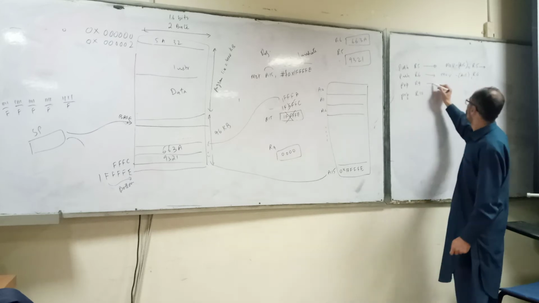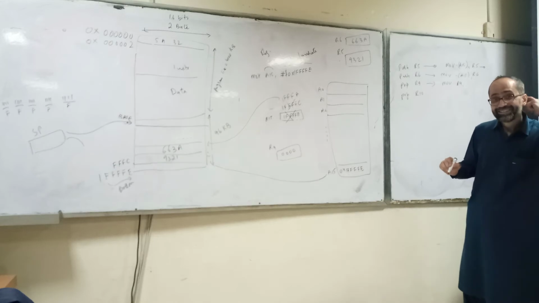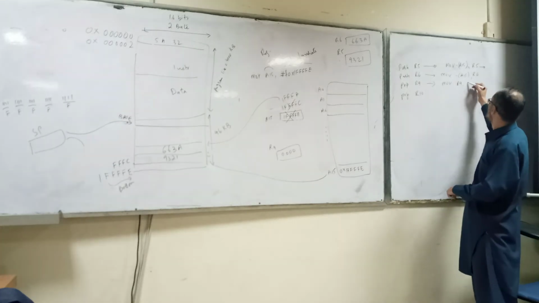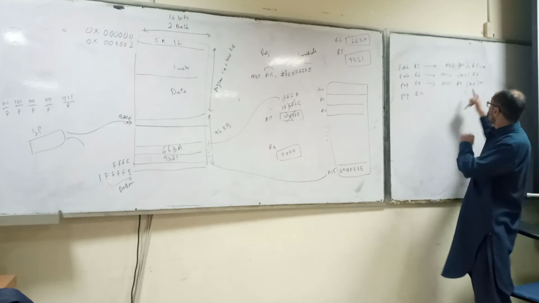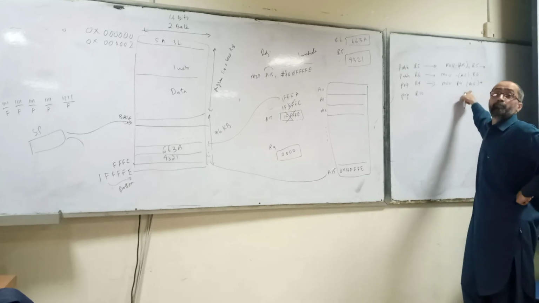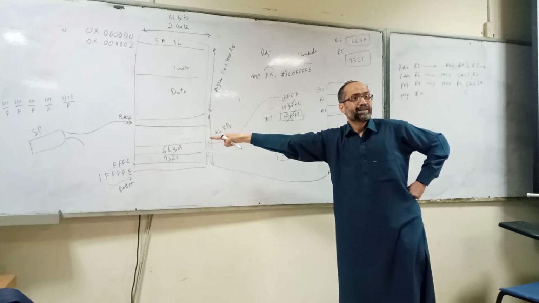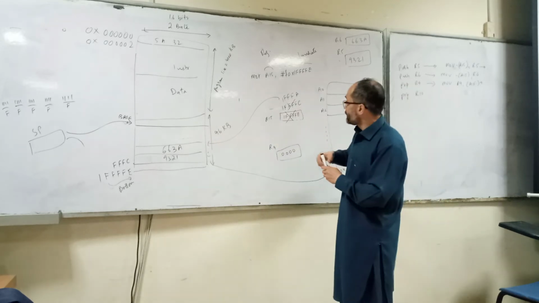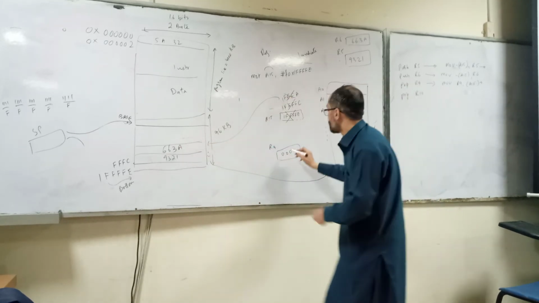Okay, so now how can we write it like this? Move, it's actually move. R9 register is now the destination, and what is the source? A15 plus, because we are using register indirect with post increment. First the memory is accessed. This value will move into register R9.